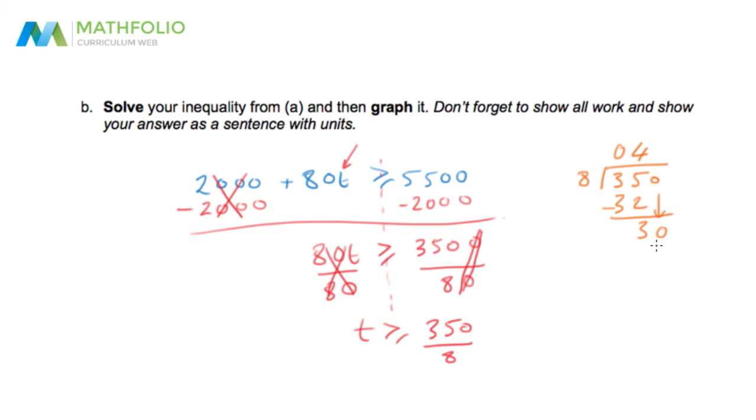8 into 30 goes 3 times. 3 times 8 gives me 24. Subtract it, and that gives me a 6. Now, one thing that we could do is put our decimal and keep going, bringing down zeros. We could definitely do that.